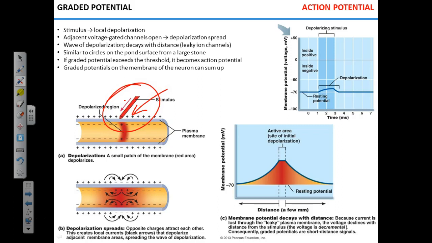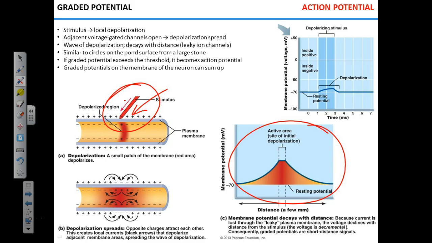However, since every process like this, every process of opening a channel, is accompanied by some energy loss, eventually the graded potential will go away, will dissipate. That makes sense so far.